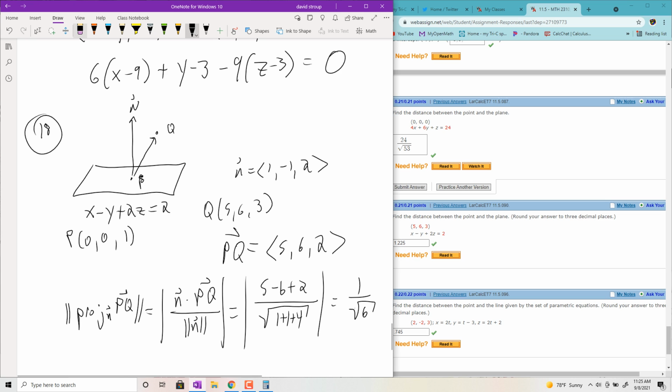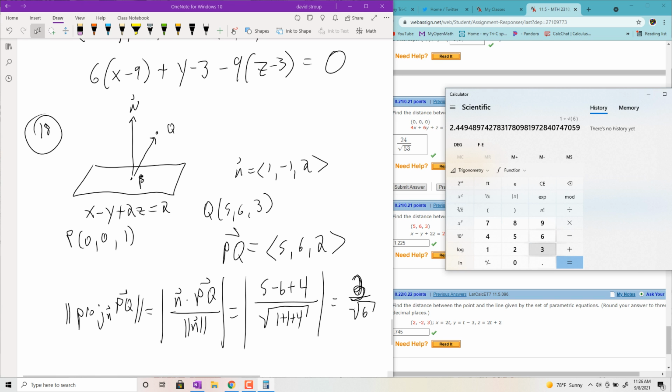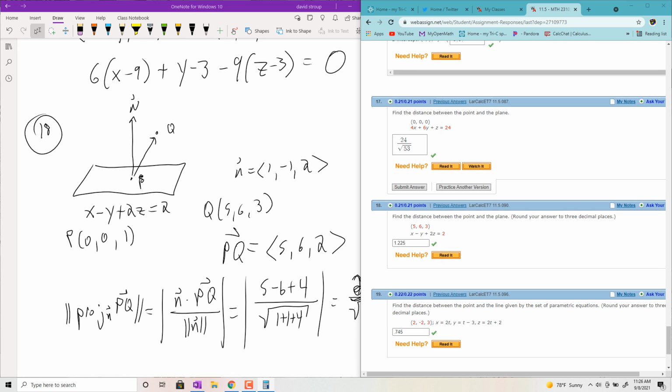My dot product's wrong. It's right here. 2 times 2 is 4. All right, so that should probably fix it. That's 3. Let's see if that's right. Seems like I just went in the wrong direction. 3 divided by square root of 6. Oops, I hate this calculator. And it's still wrong.